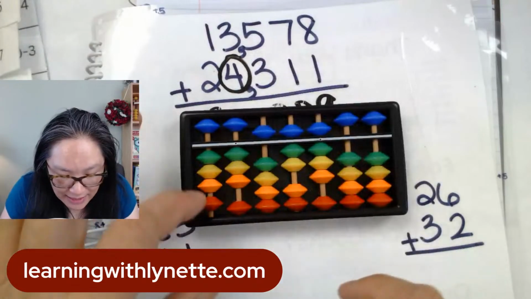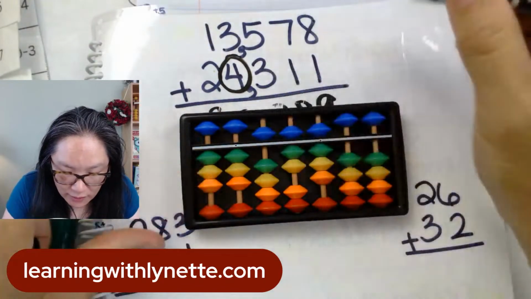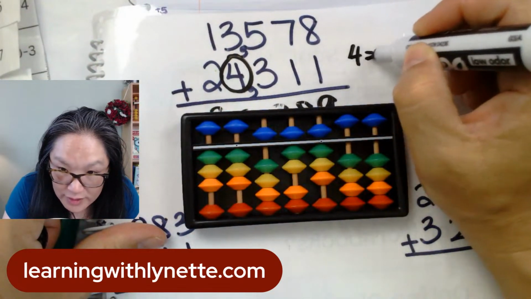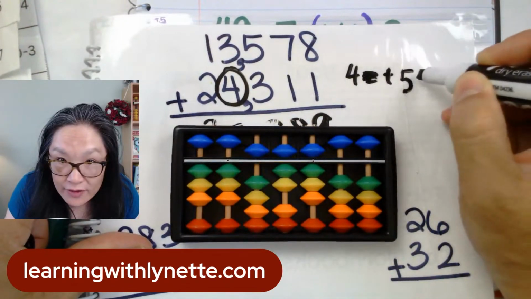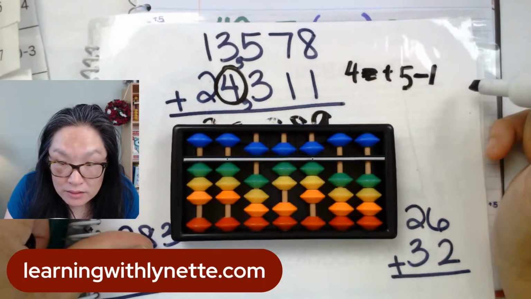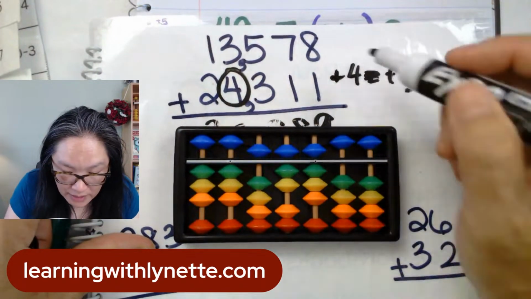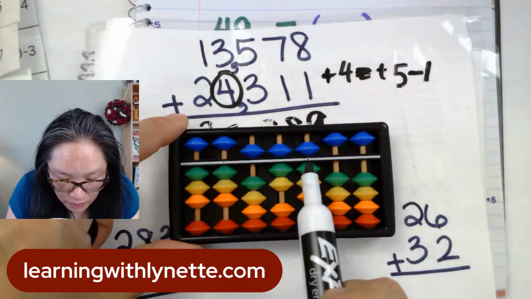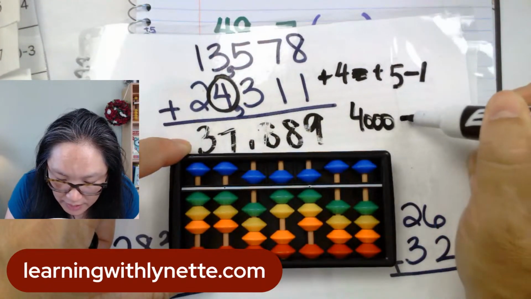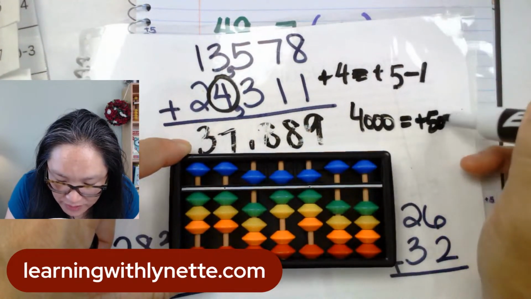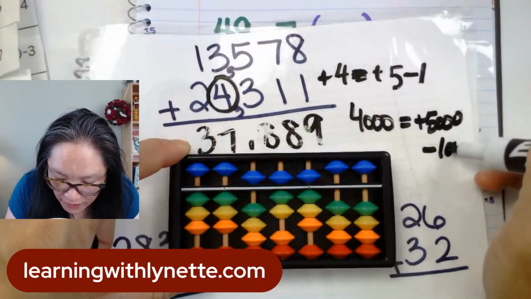I don't need to say, so what is our formula? Plus 4 is equal to plus the 5 minus 1, right? That's what we're doing. We're not going to say 4,000 is equal to 5,000 minus 1,000.